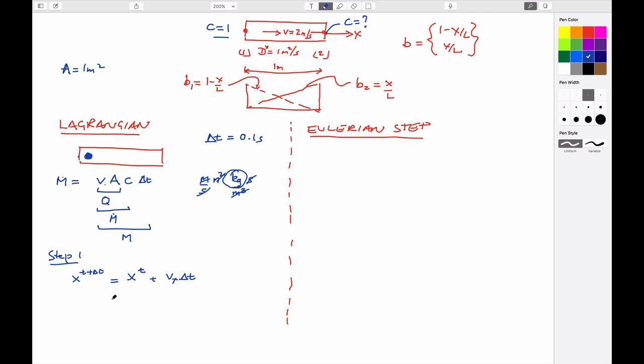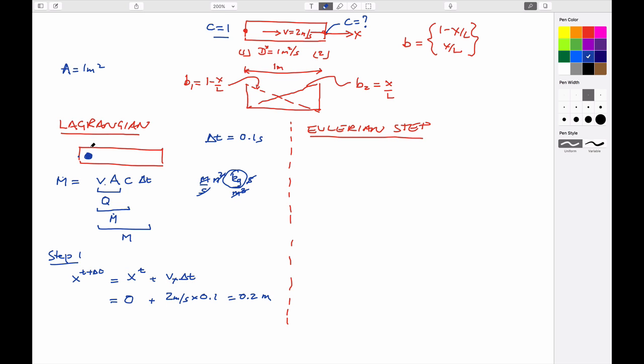And so if you put numbers into this, this is 0, plus the velocity, which is 2 meters a second, and delta t is 0.1 of a second, so this is 0.2 meters, I guess, for that.